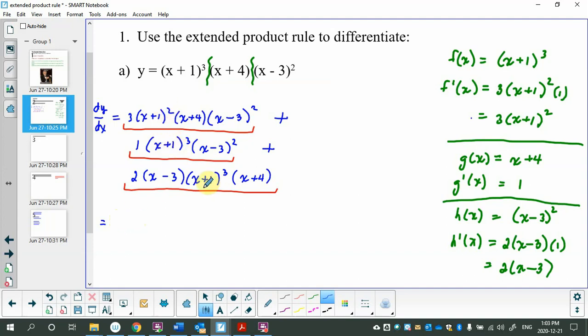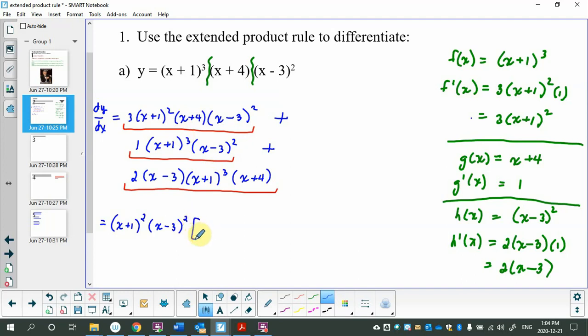X plus 1 is in all 3, so I'm going to write down x plus 1. I've got 2, 3, 3, so I can take out 2, minimum. X plus 4 is here, not here, here. It's not common to all 3, so I can't write that down, but I do see x minus 3. 2 of them, 3 of them, 3 of them, so I can take out 2 of them.